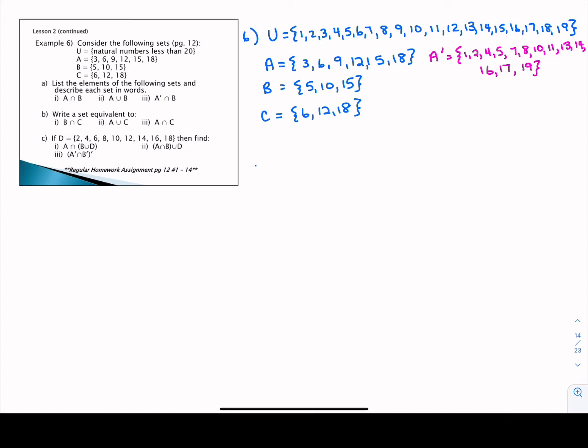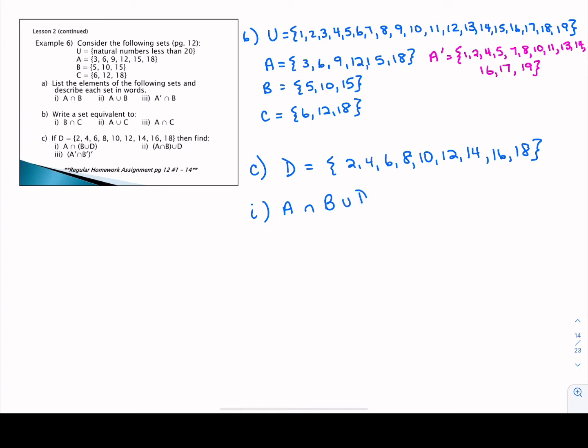Now in part C, we actually have the introduction of a new set. We're saying set D is defined as 2, 4, 6, 8, 10, 12, 14, 16, and 18. So if this is a newly defined set, subset 1 says find A intersect (B union D).